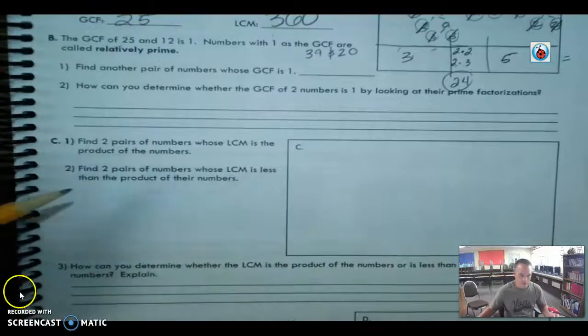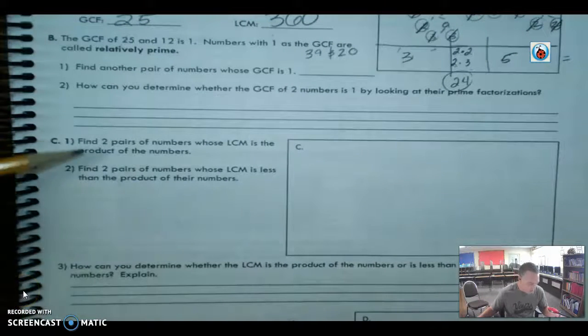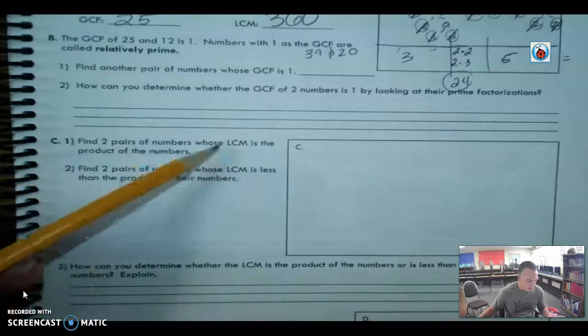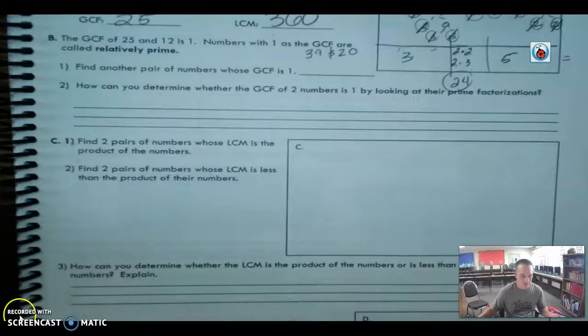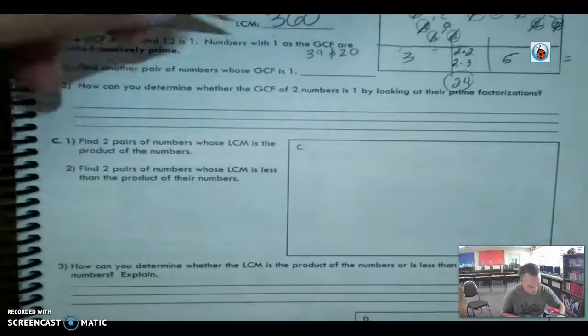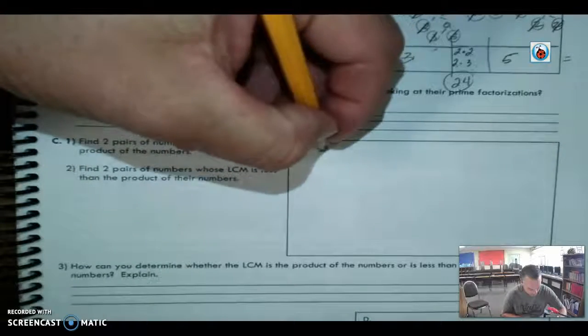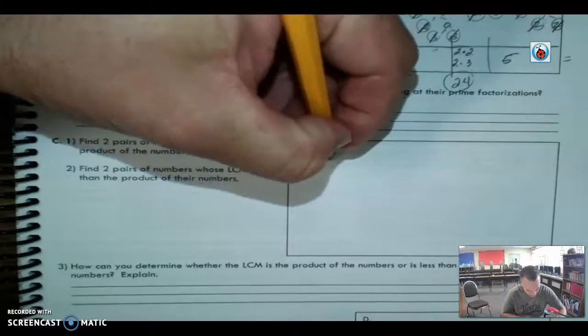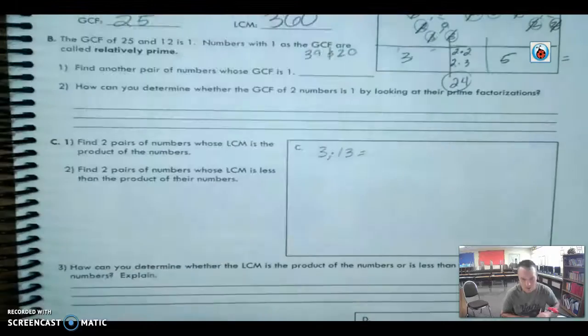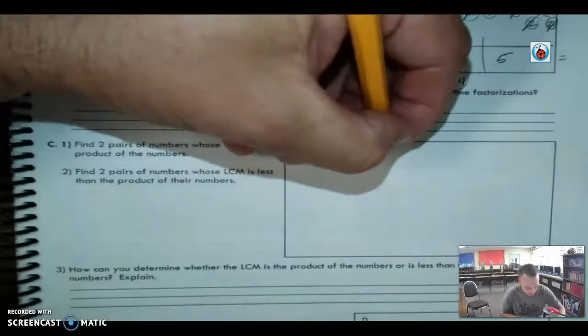Alright, so every once in a while, you're going to see this come out. Find two pairs of numbers whose LCM, the least common multiple, is the product of those two numbers. So those two factors multiplied together will make their LCM as well. Two numbers, like say 3 and 13, when I multiply them together, I get 39.